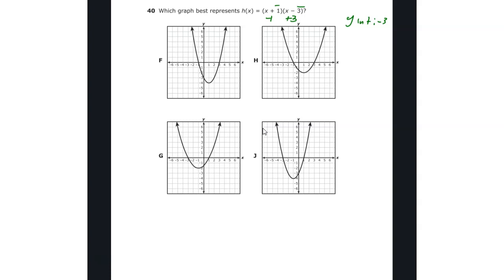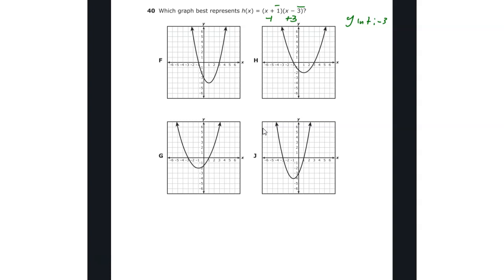So -1 and 3, y-intercept is -3. That looks good. Okay, so -1 and +3.